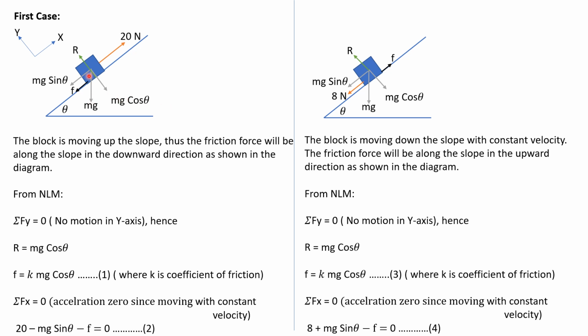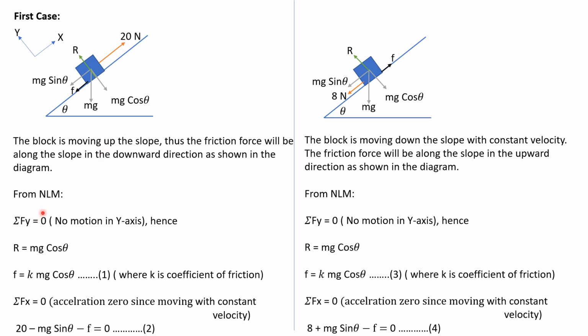Mg is the weight. This has been further divided into two components: mg cos theta perpendicular to the slope, and mg sin theta parallel to the slope. Since the block is going up, the kinetic friction will be acting downwards. That has been shown by small f.